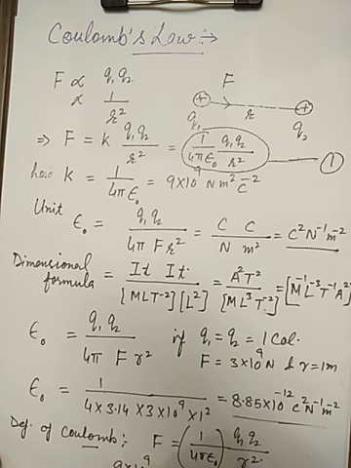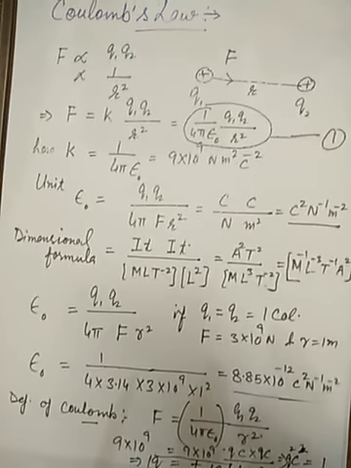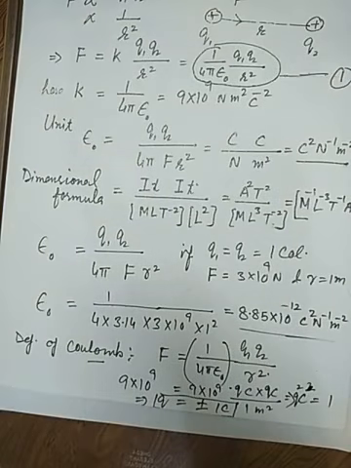So from here we can define 1 coulomb. Our charge is said to be 1 coulomb if two equal or opposite charges separated by a distance of 1 meter experience either a force of attraction or repulsion whose magnitude is equal to 9 into 10 raised to the power 9 newtons, then we can say the charge present there is 1 coulomb.